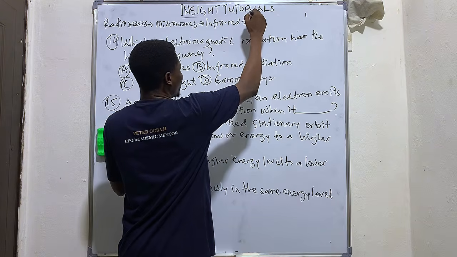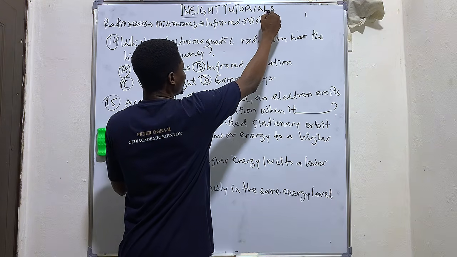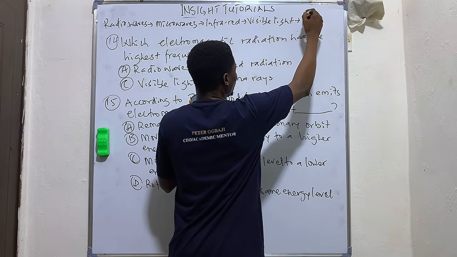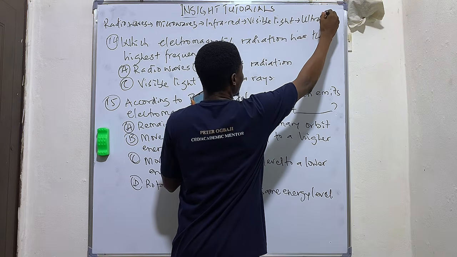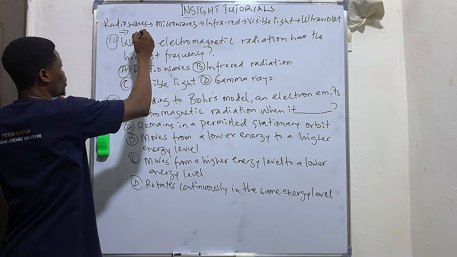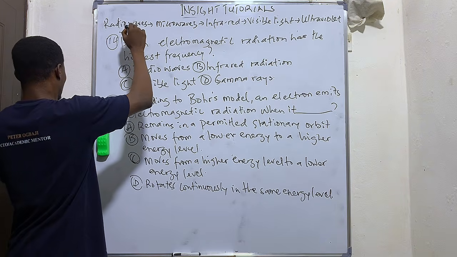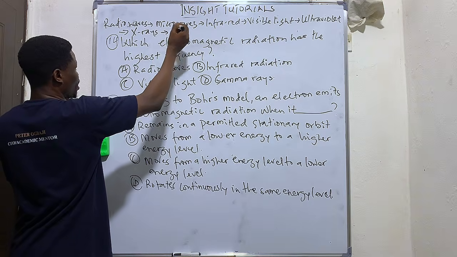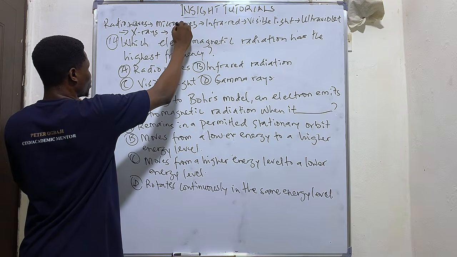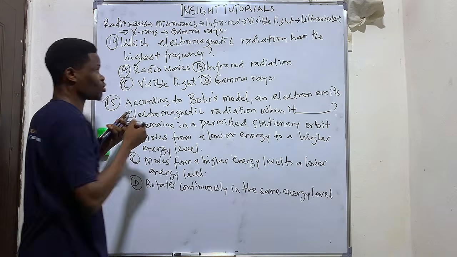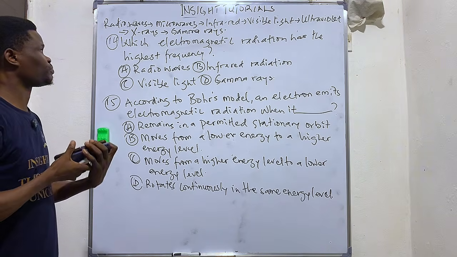After the infrared, we have the visible light. After the visible light, we have the ultraviolet. After the ultraviolet, we have the X-rays. And from the X-ray, we have the gamma rays. So let me point out something that you need to know.